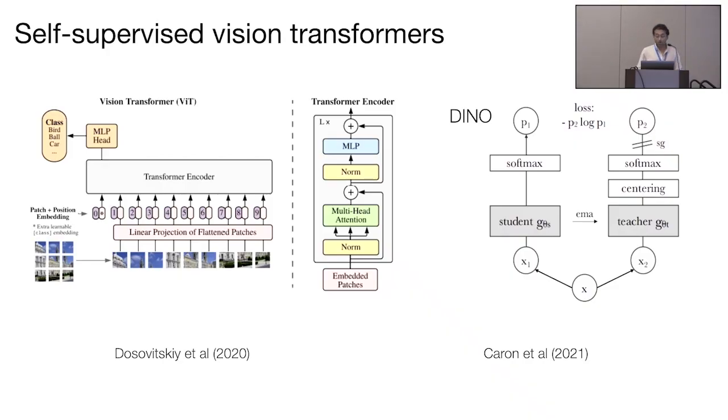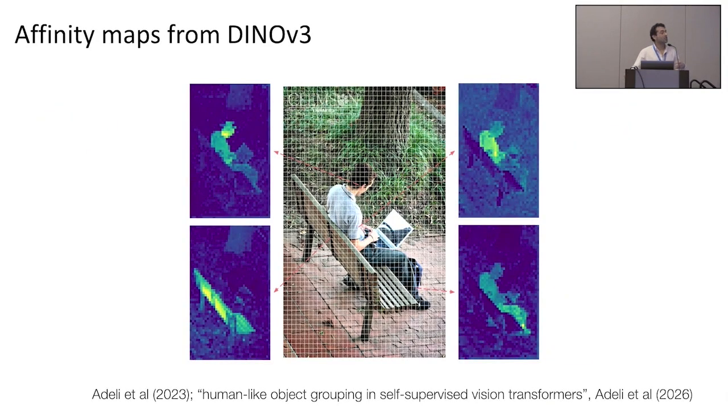When you train these models with distillation, you see an interesting representation emerge. In this case, I'm taking, for example, the representation of this patch and computing a dot product, a cosine similarity, with the representation of all the other patches. These are different vectors. And you see a somewhat object-centric representation emerge. This is because these networks learn that the best way to represent this patch is to make it similar to all the other patches that are on the same object.